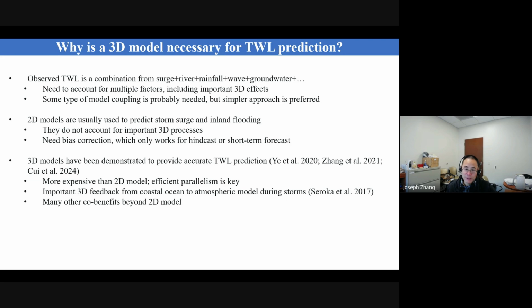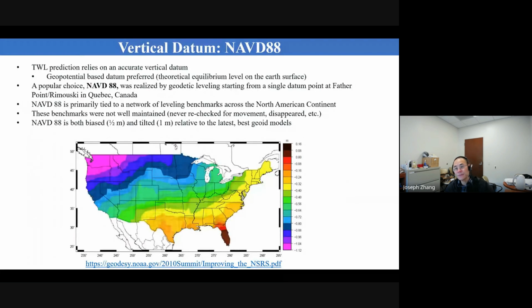For this kind of feedback loop, you really need help from the ocean model, and you need a 3D ocean model in order to capture those kinds of baroclinic processes. And of course, a 3D model also comes with lots of co-benefits. It produces a lot more output, and you can use those for other purposes such as navigation support, etc. Next slide, please.